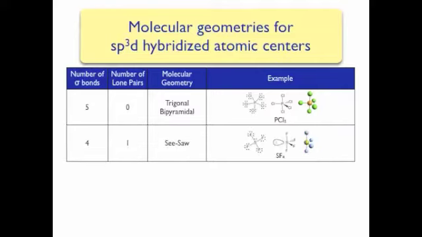If a molecule has 4 sigma bonds and 1 lone pair, the molecular geometry will be seesaw, or a distorted tetrahedron. Sulfur tetrafluoride is an example of a seesaw-shaped molecule. Note that one of the sp3d hybrid orbitals is occupied by a lone pair.